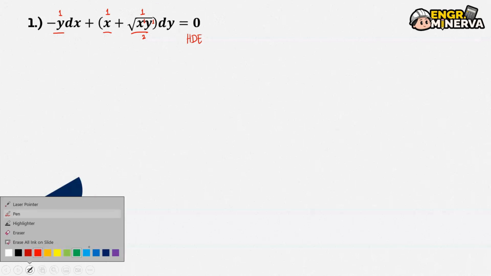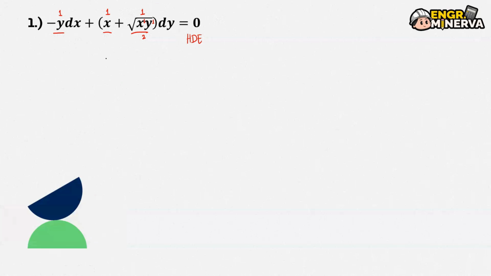Since this is a homogeneous differential equation, we will check which of the following terms is least complex. The least complex is the coefficient of the differential x. So we will substitute x equals vy.